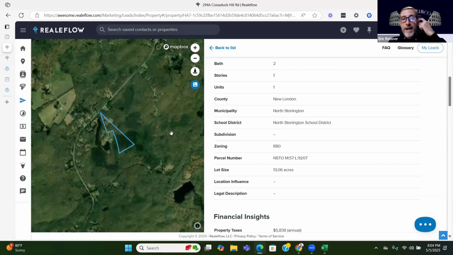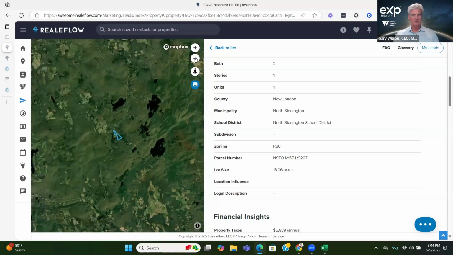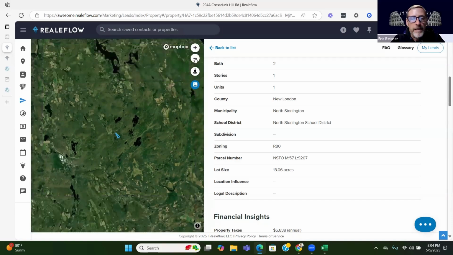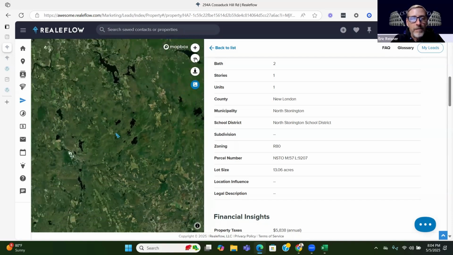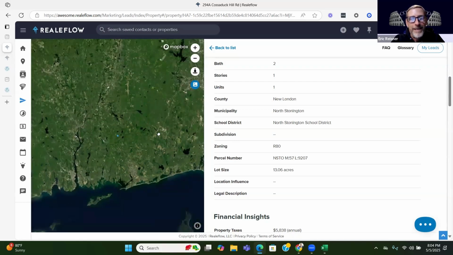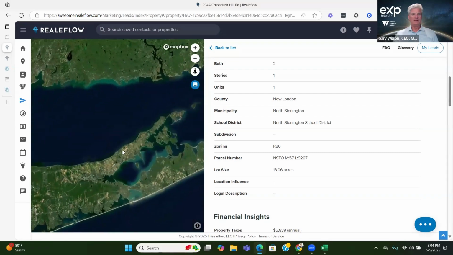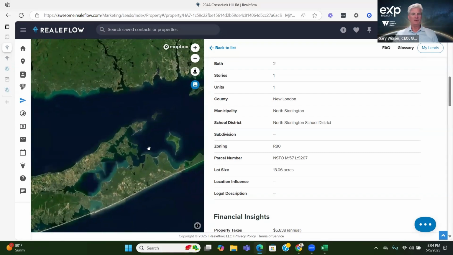North Stonington's a great town, and you got the casino in North Stonington, Foxwoods. Yep. Wow. Nice and green. And you go south, you got Long Island Town. So you're up in the woods, and then scroll. Yeah, there it is. Yep. So my sister, I think this is Conscience Bay over here.